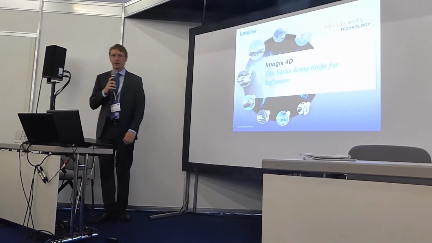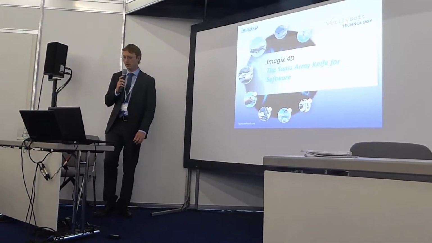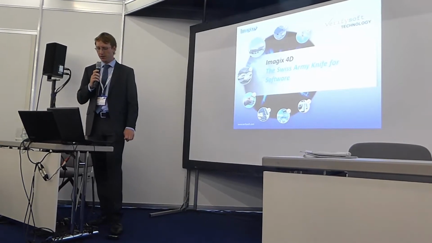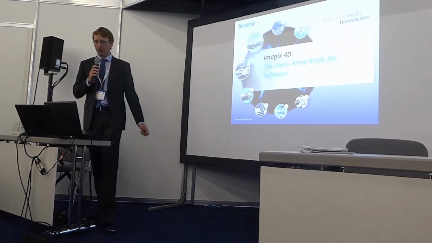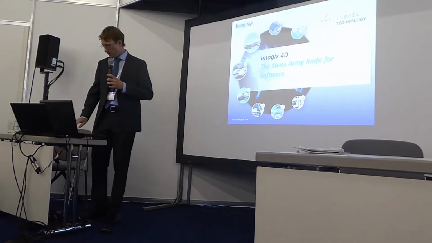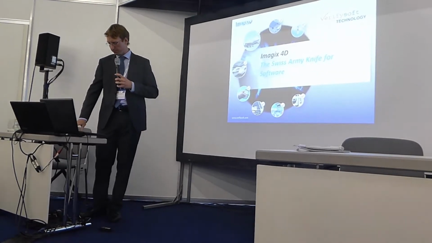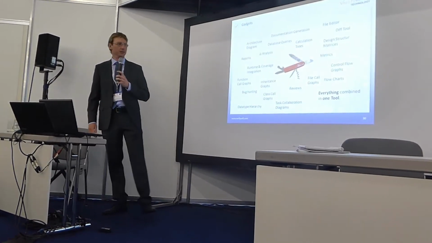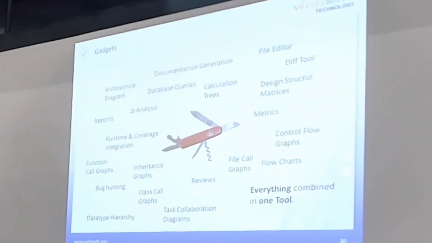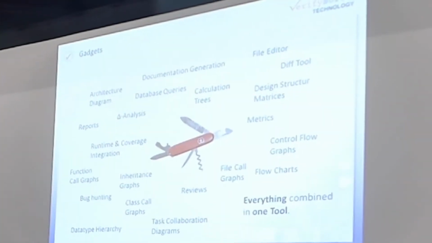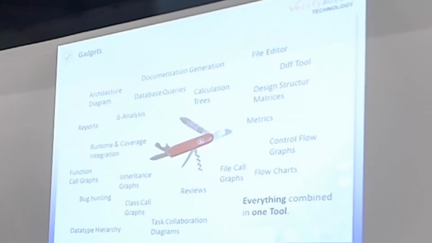Lambert said, I will give a short introduction about Imagix 4D that is comparable with a Swiss Army knife for software. Like a Swiss Army knife, it has a lot of cool gadgets, like diagrams on various levels of details.